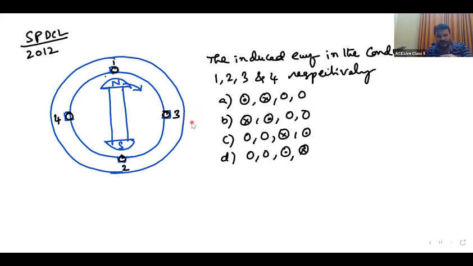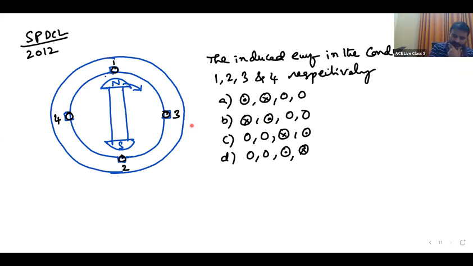After 90 degrees of rotation, 3 and 4 will be maximum, but at that instant you have to respond to the options based on the diagram. Right now the North pole is under conductor 1, and the second conductor is under the South pole. Therefore, for this diagram, EMF is maximum in 1 and 2. No EMF in 3 and 4, 0.